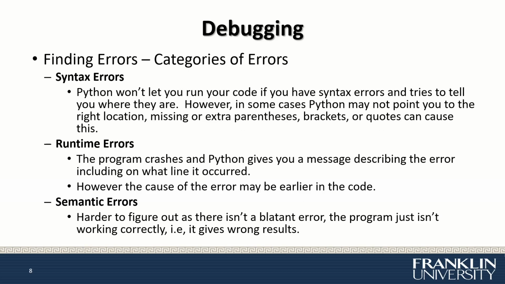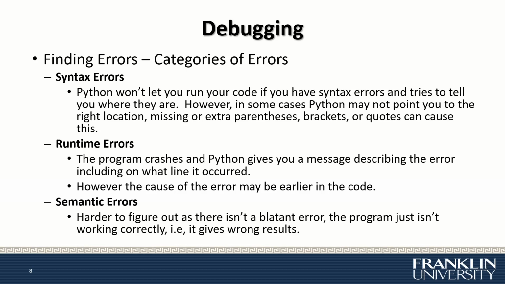Finding errors, well, you have syntax errors. A syntax error is maybe a misspelled word or you forget the double quote or mismatched curly braces or many other things that Python considers wrong syntax.